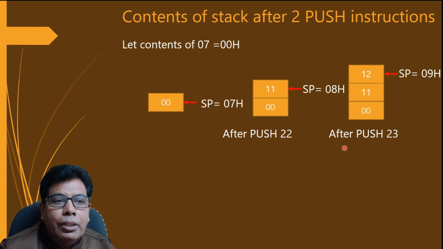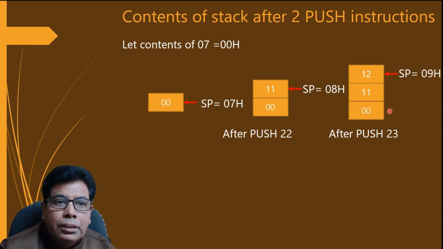Then again we give the instruction push 23. So now already 11 is here. Now stack pointer again is incremented by 1. So yes, stack pointer will become 9. So the top of the stack will be here, and the contents of memory location 23, it is 12, so it will come in this location.